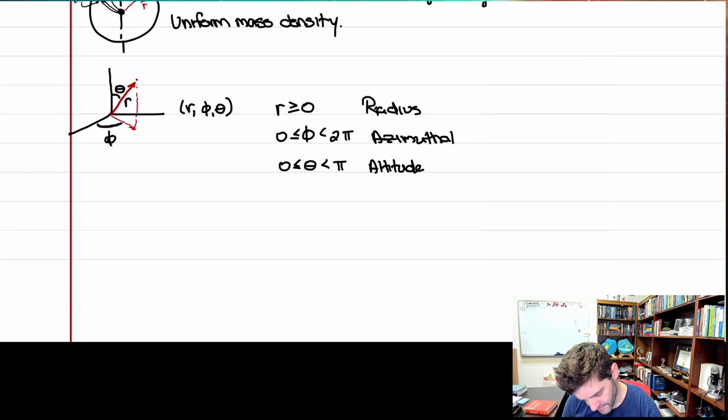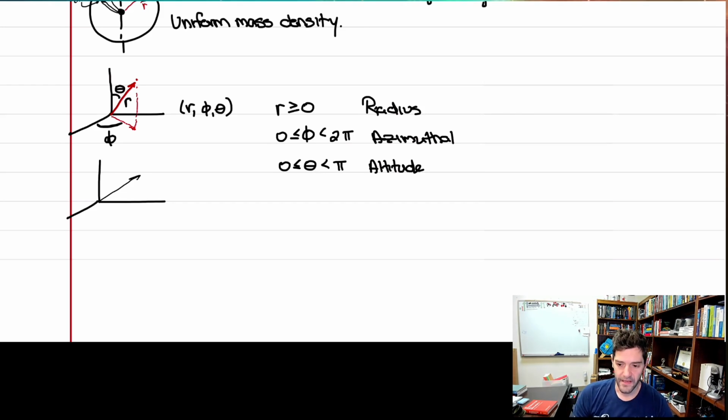The way you do it is you imagine putting yourself at some fixed location. Then if I want to find a length element, I imagine changing my position a little bit in whatever dimension I'm moving in. In this case, if I went a little bit farther from the origin, or a little bit towards the origin, my length element dl would just be dr.